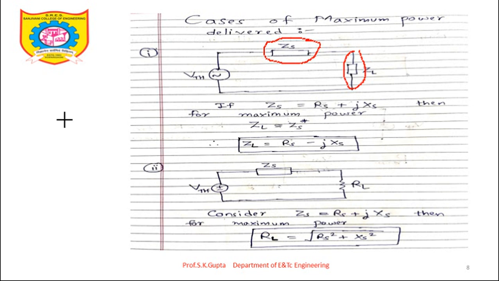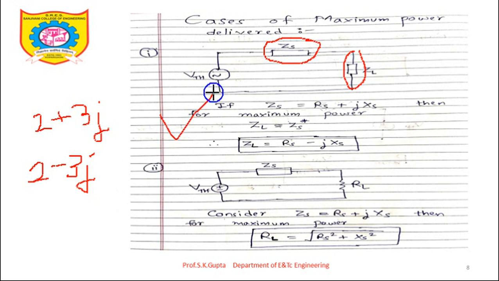Suppose ZS is 2 plus 3J, where the resistance value is 2 and the inductor value is 3J, then ZL should be the complex conjugate, 2 minus 3J. That means complex conjugate. So this is one case.